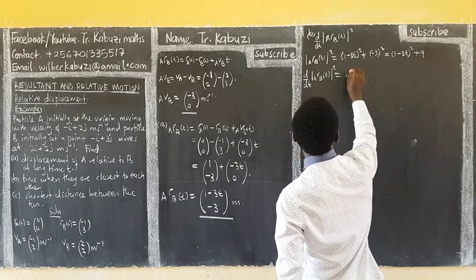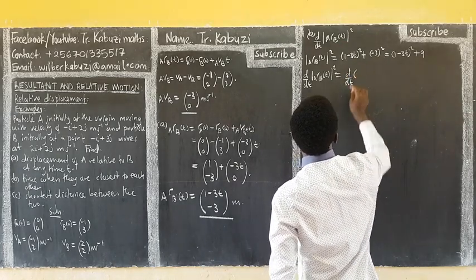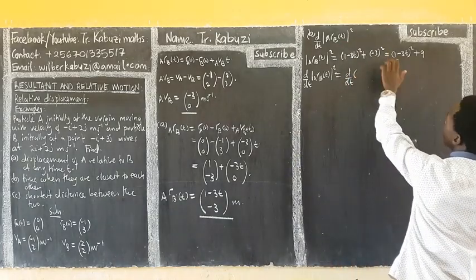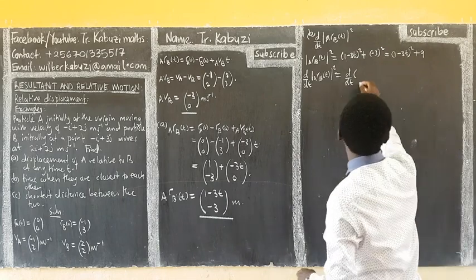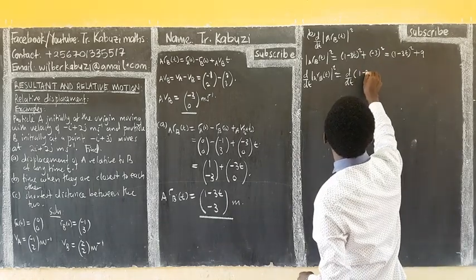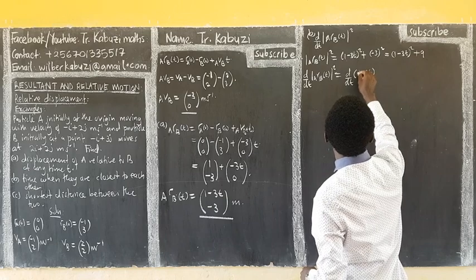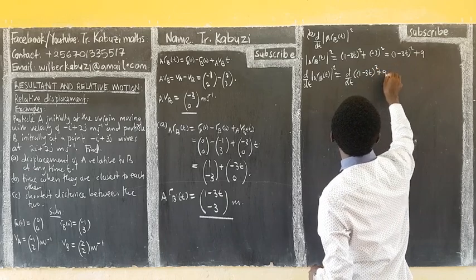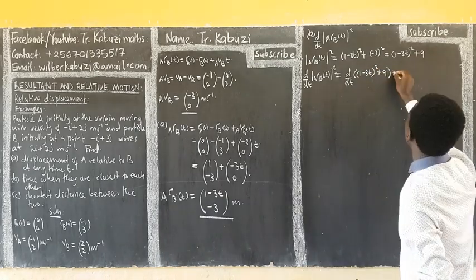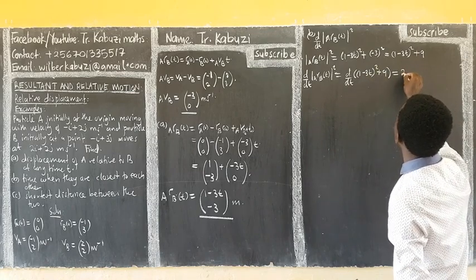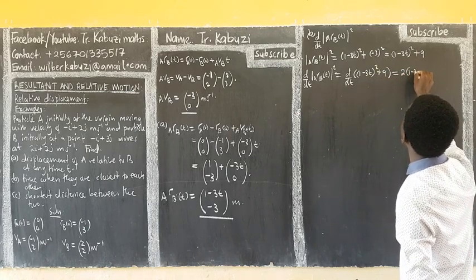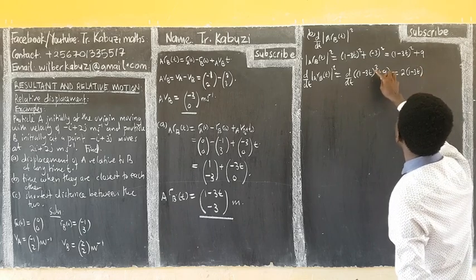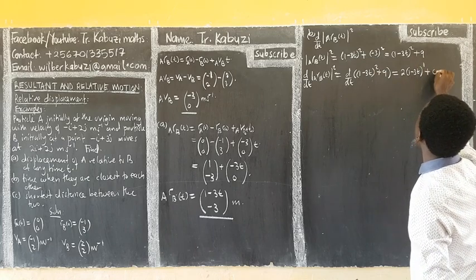This will be d/dt of, if you want, you can expand this, or you can differentiate it at once, 1 minus 3t, the whole squared, plus 9. When you differentiate this, we get 2 into 1 minus 3t, power 1, then plus 0.